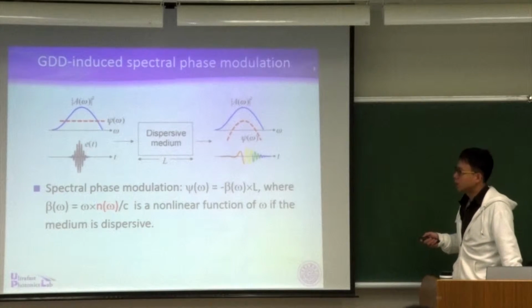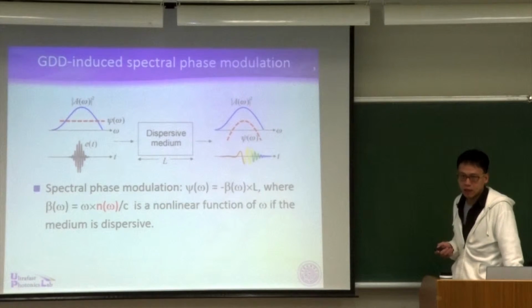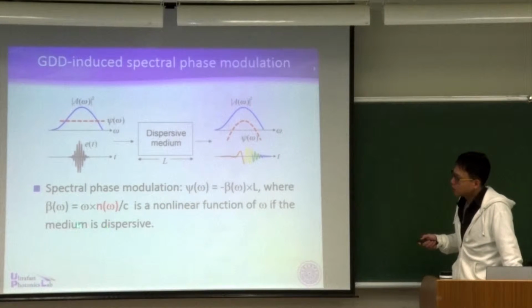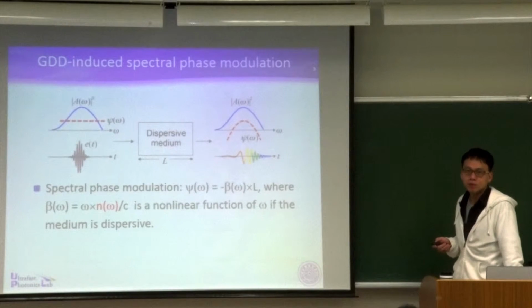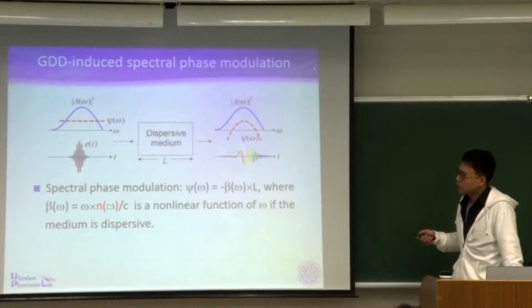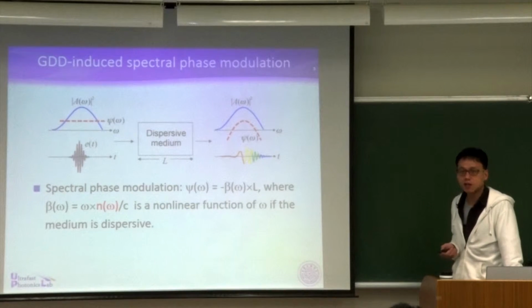And then you can identify beta of omega is actually a nonlinear function of omega as long as your medium is dispersive. What is the meaning? The medium is dispersive. It means n of omega is a function of frequency. And you have omega already there, so their product must be nonlinear as long as n is not a constant.